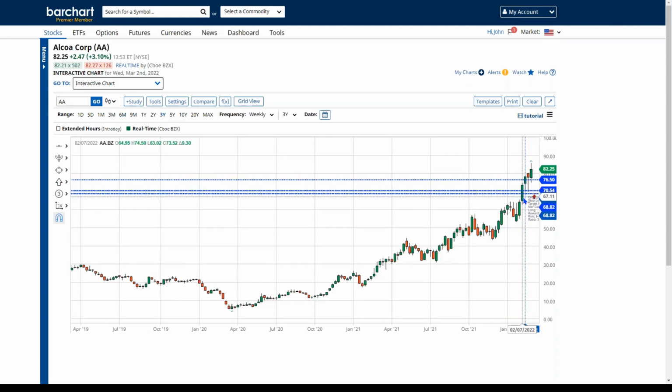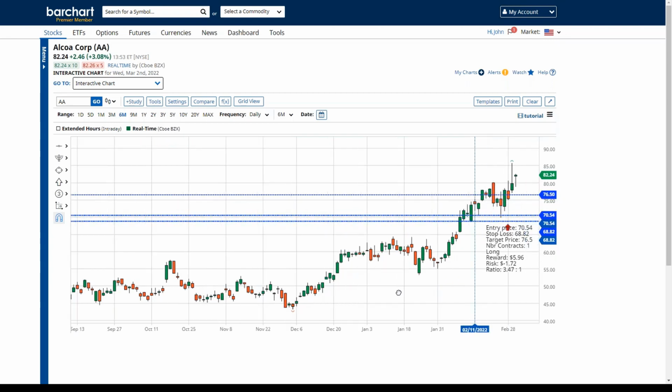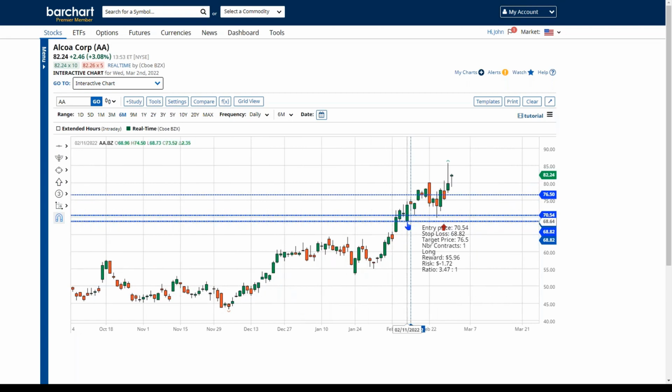Where am I going to risk? We're going to find my risk below that big candle. Price shot away, came back, and re-entered my potential zone.